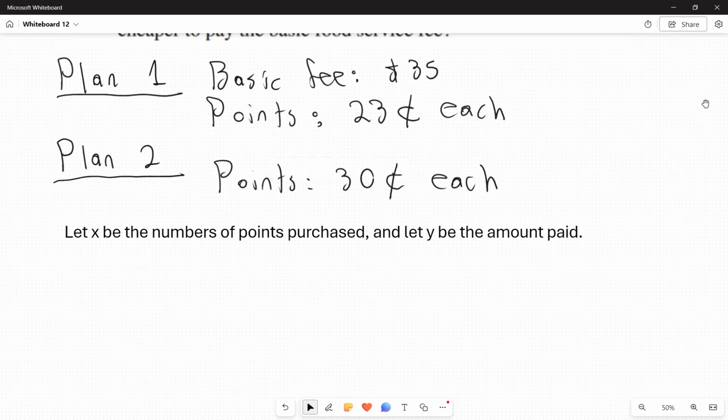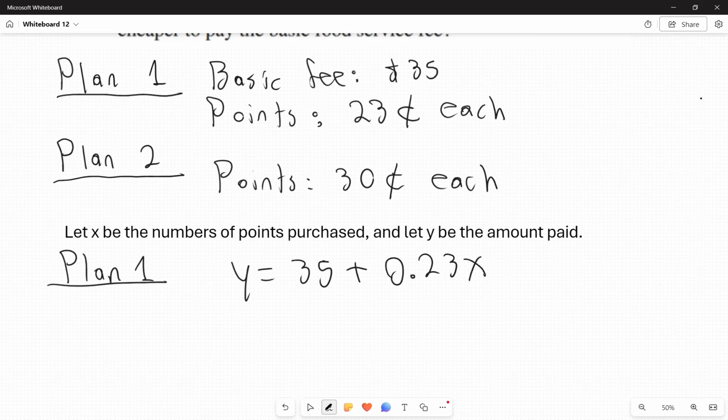Okay, so the equation for the first plan is going to be y equals the basic fee that students had to pay no matter how many points they purchased, plus 0.23x.